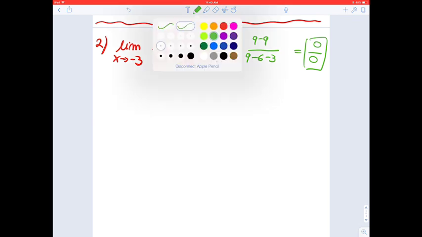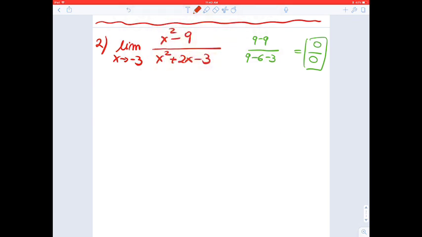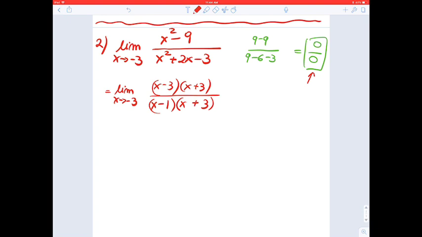We have to find a common factor, because that's the message from this expression. These two polynomials have a common factor at negative 3. I can factor x squared minus 9 as (x minus 3)(x plus 3), and for the polynomial in the denominator I can use 1 and 3 as factors of negative 3, and then I need plus 3 minus 1, which gives me plus 2.